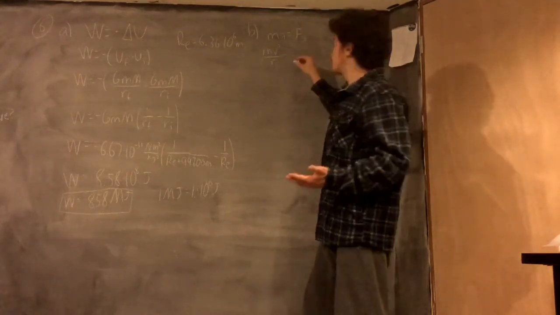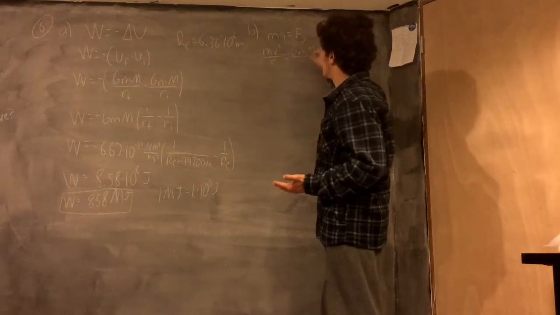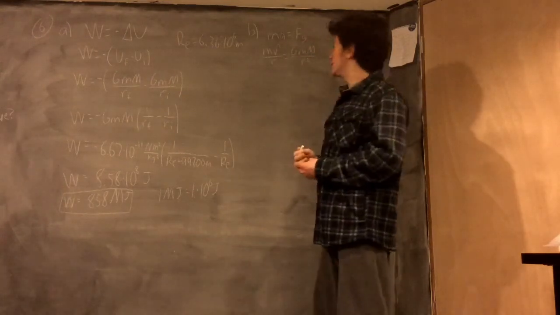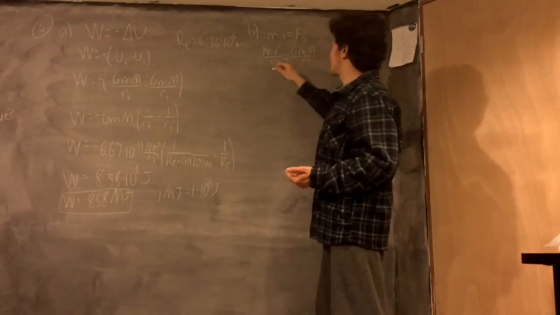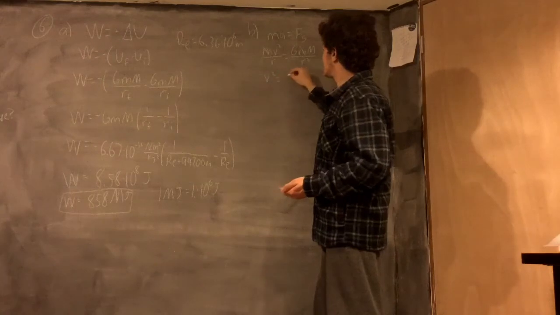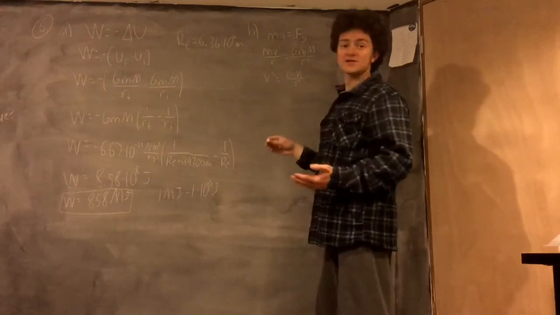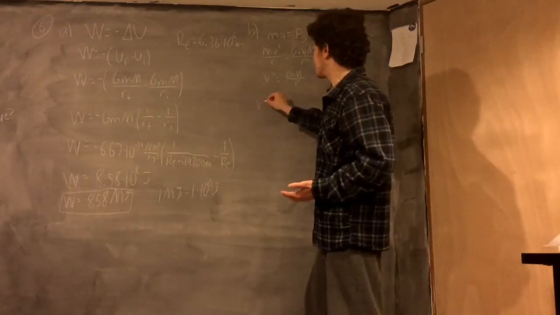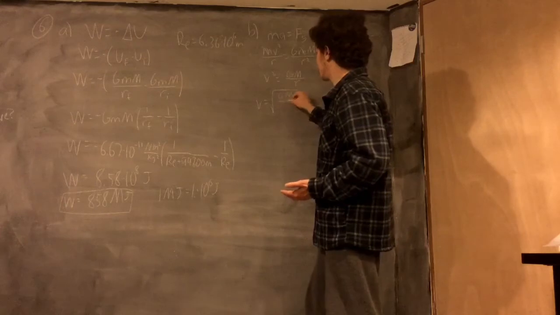And we know that the force of gravity is equal to Gm times big M all over r squared. So now the little mass cancels out. And then multiplying through by r, v squared is equal to G times big M over r. Now I get to take the square root of both sides to get v by itself. v is equal to the square root of G times big M over r.